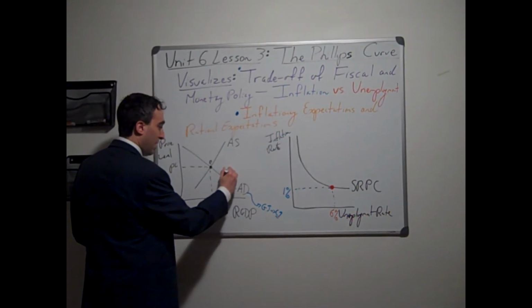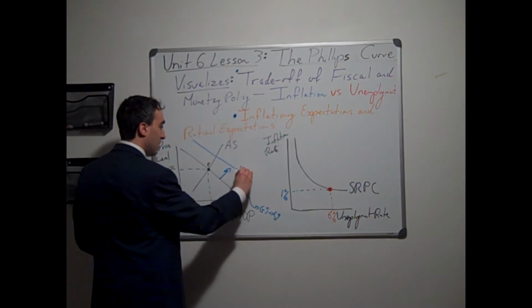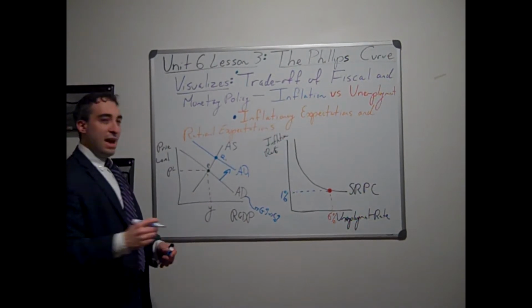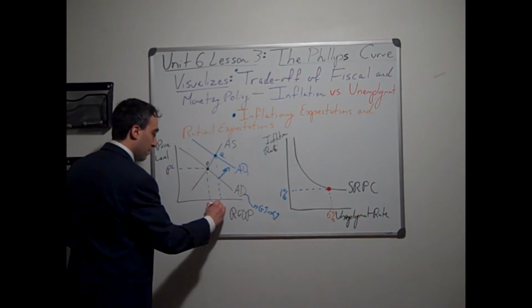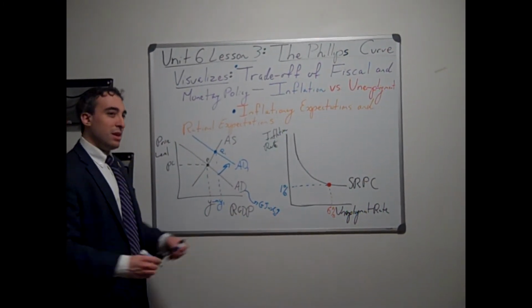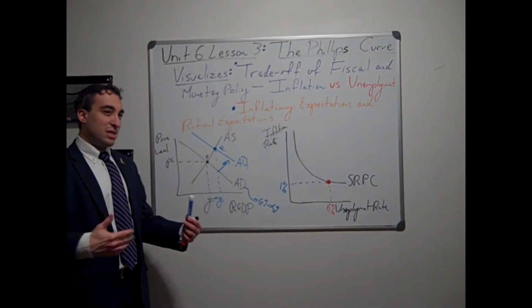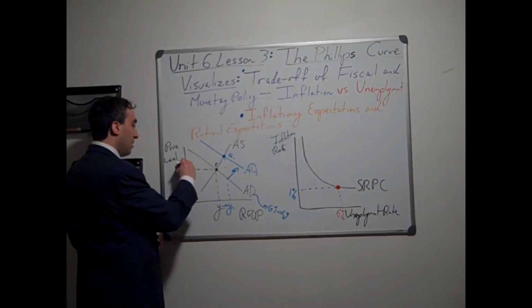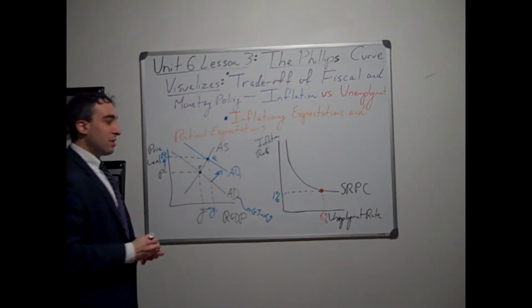So we would have a shift to the right in aggregate demand, and as people are spending more money, we see an increase in real GDP and total output. As more people are hired to make more products, you need more labor to meet that demand. And as people are willing and able to spend more, price level will also increase.